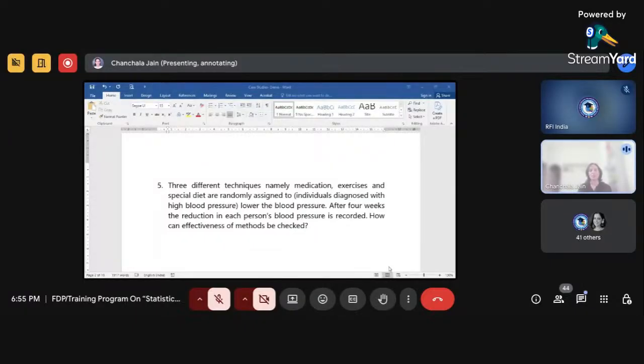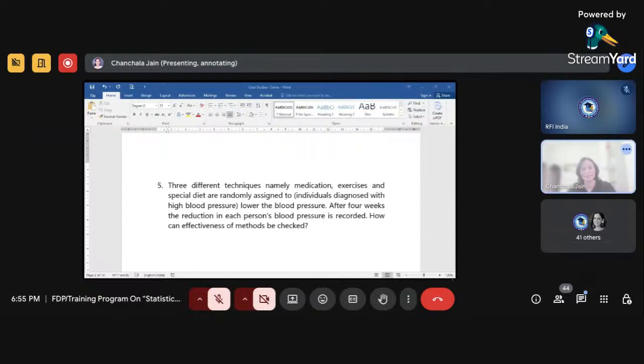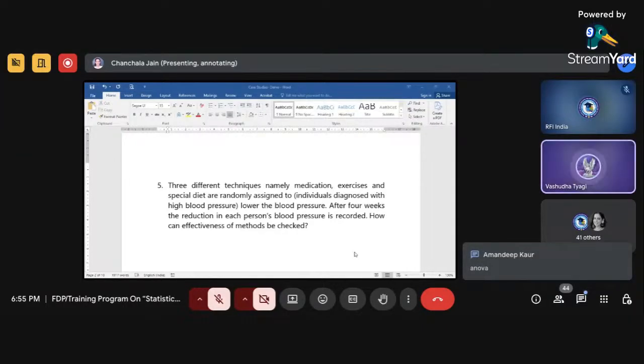What about others? Paired t-test. Who said paired t-test? Ma'am, it's me, Tanu Tyagi. Okay. Yes, ma'am, it seems to be a paired t-test. Okay. One-way ANOVA. Vasudha ma'am said one-way ANOVA.